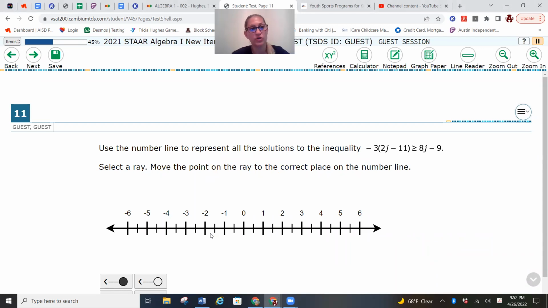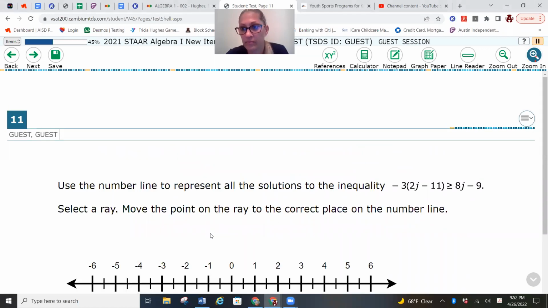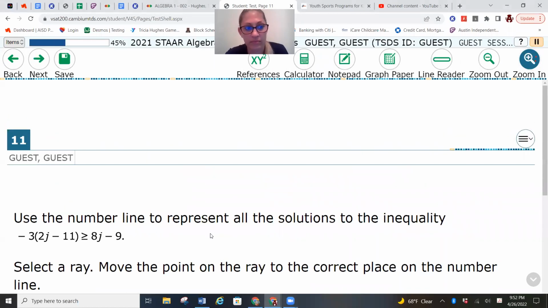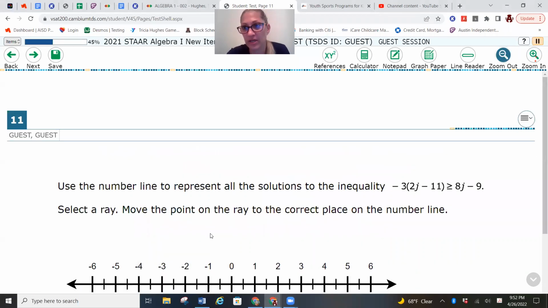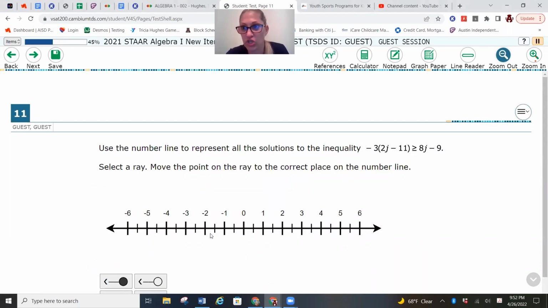All right, use the number line to represent all of the solutions to this inequality. We're going to have to solve this equation, and they use the letter J. That just sucks. Using the letter J is lame. All right, I'm zooming in just to see how much it zooms.